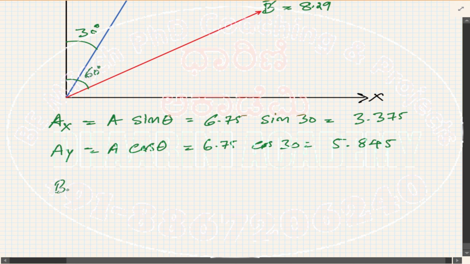Then the Bx component is B sine theta, because once again the angle is given with respect to the y-axis.